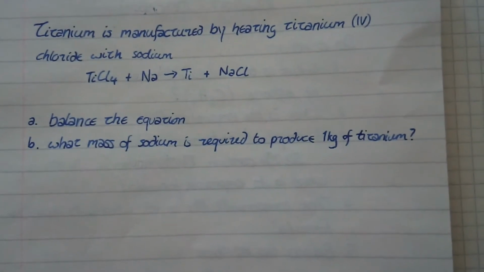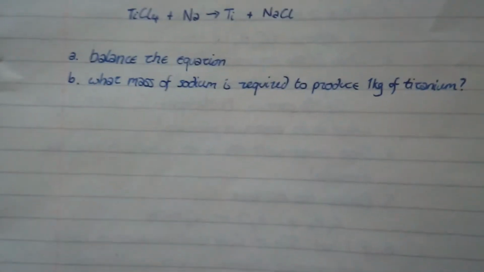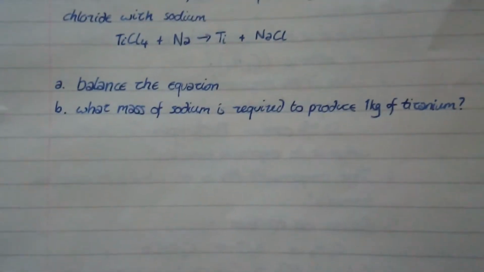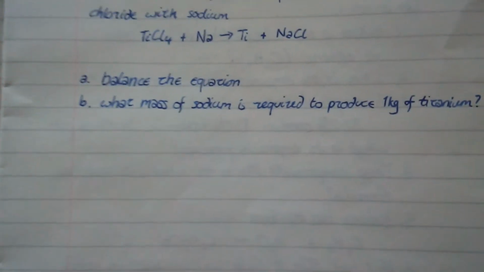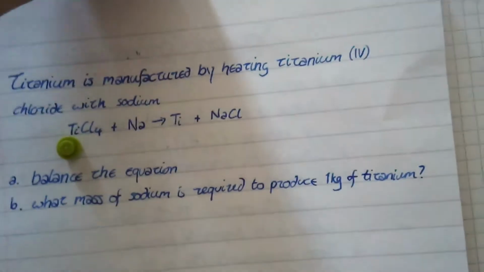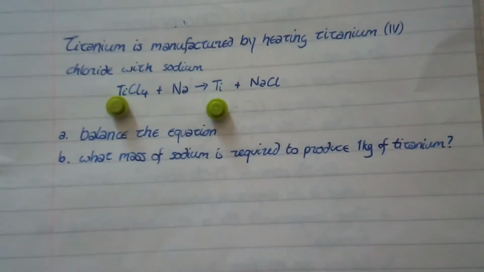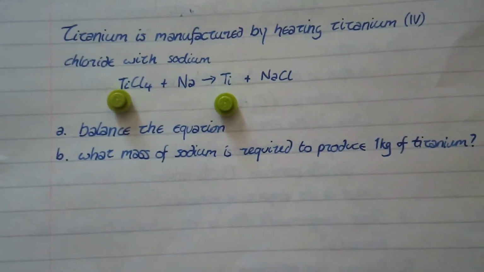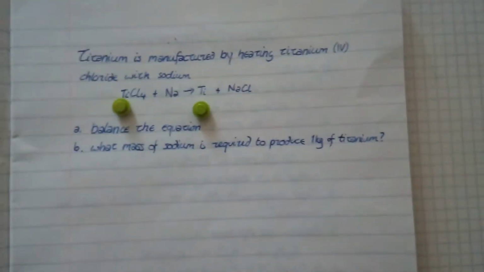So what's the first thing we're going to do? We're going to balance the equation because that's what question A says. So let's see what we've got. We have titanium in green. And then we are going to have chlorine in purple.